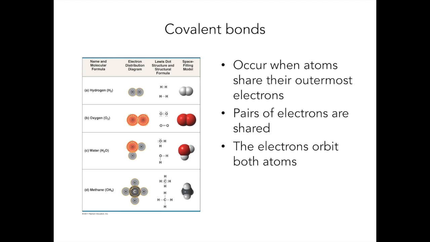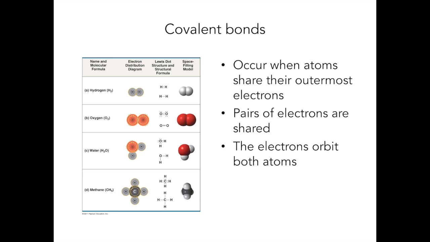Excuse me. There's 2 electrons in that first orbital, which means there's 6 in the second orbital. So it needs 2 more to fill that outermost valence shell. So in order to do that, they share not 1 but 2 pairs of electrons.